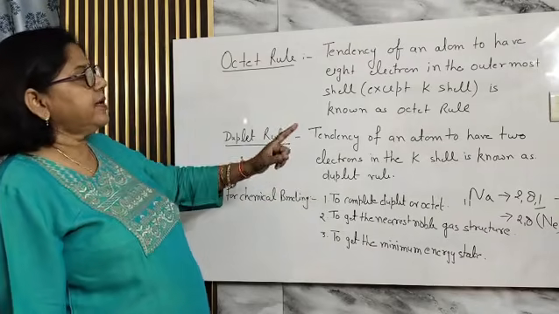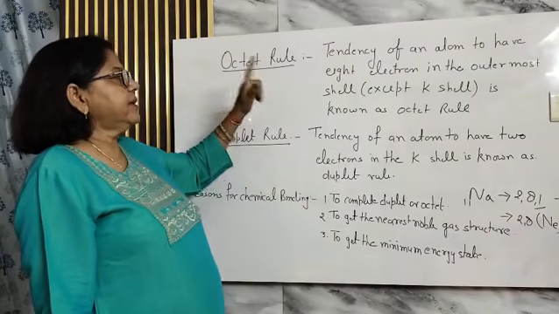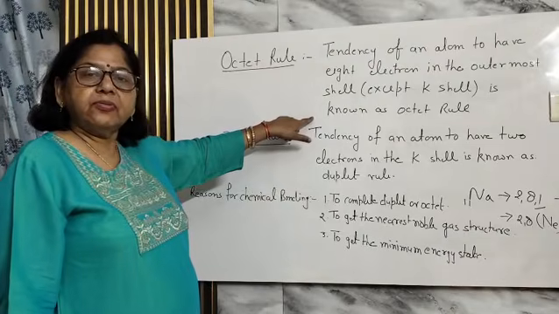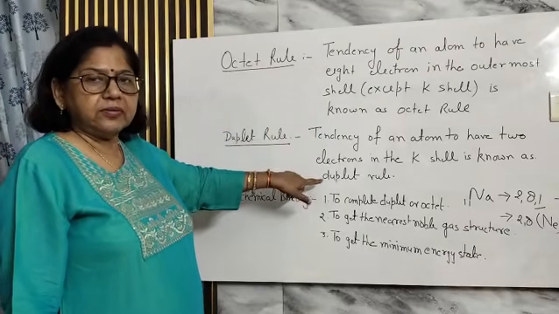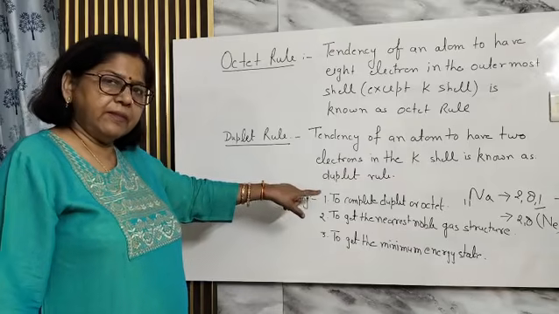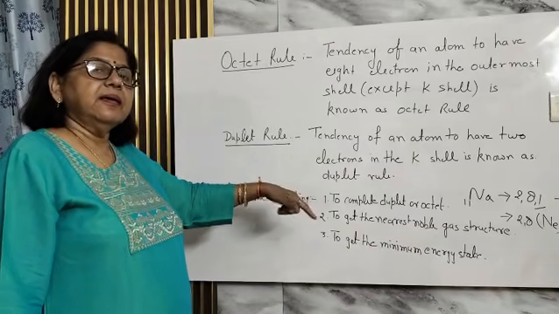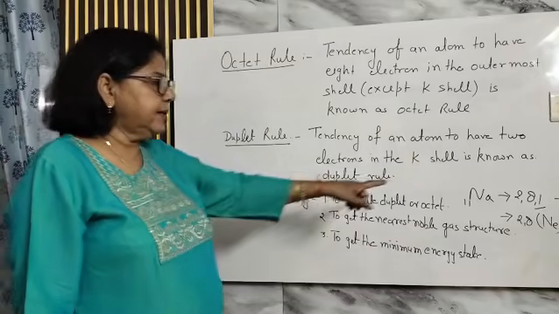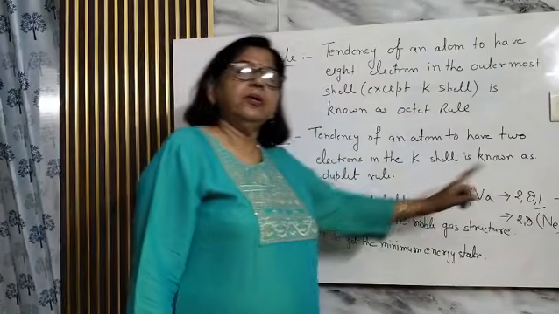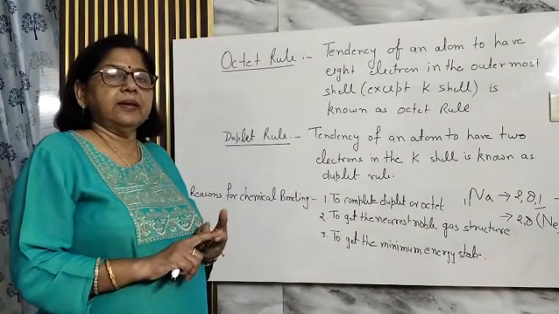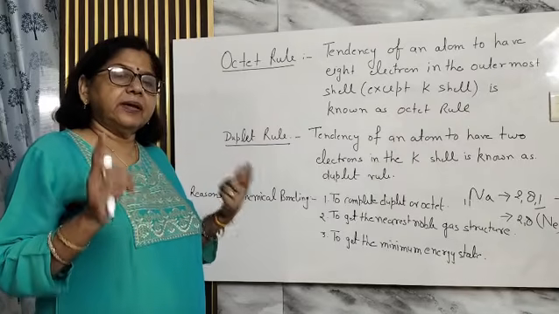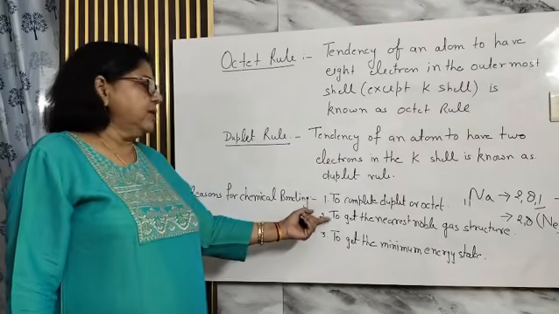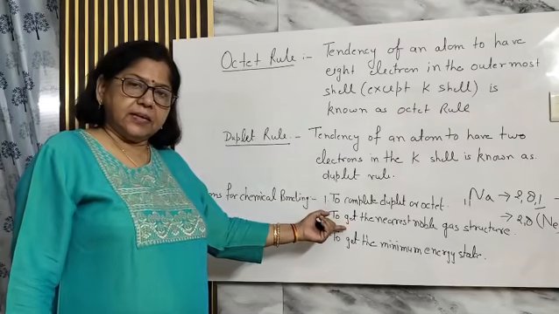Because every inert gas has either 8 electrons or 2 electrons in the outermost shell. So every atom, by the loss or gain of electrons, wants to attain the nearest noble gas structure.